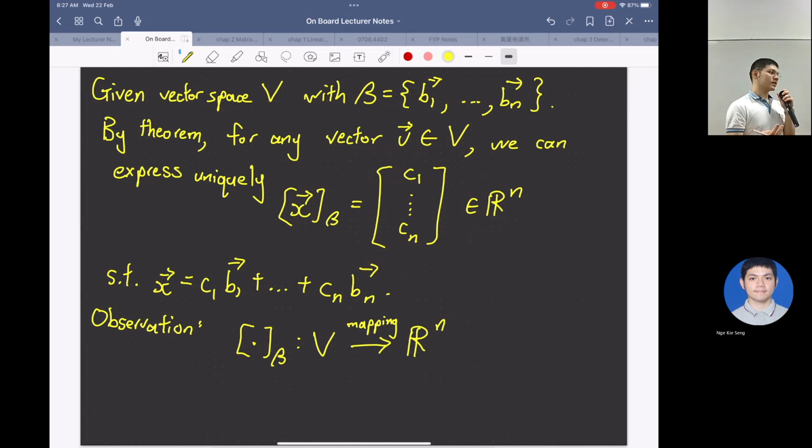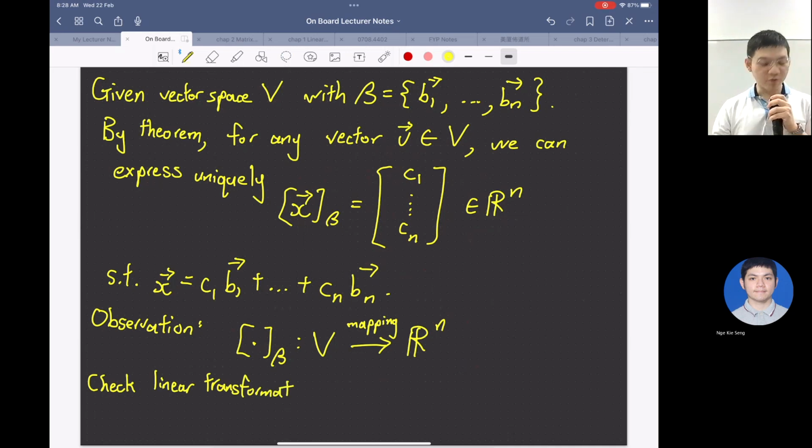Do you still remember how to check whether something is a linear transformation? We are trying to put everything we learned together today. What are the two properties you check?